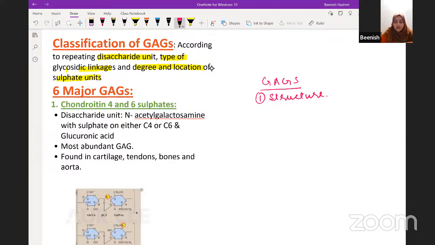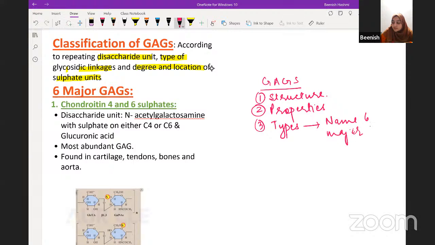What are those amino and acidic sugars? Then you should talk briefly about the properties and types. In types, at least you should name the six major types along with the distribution.